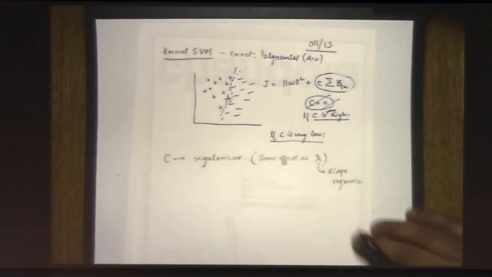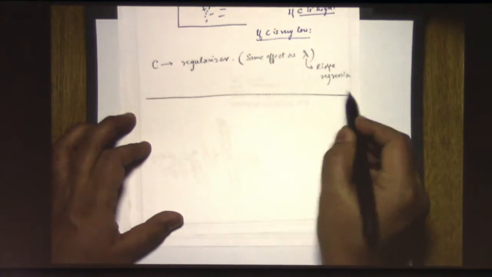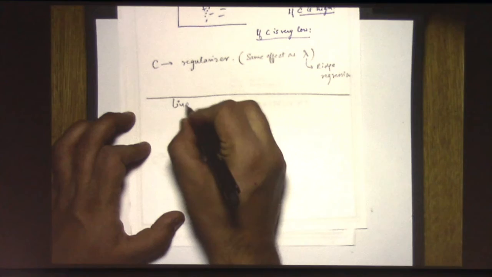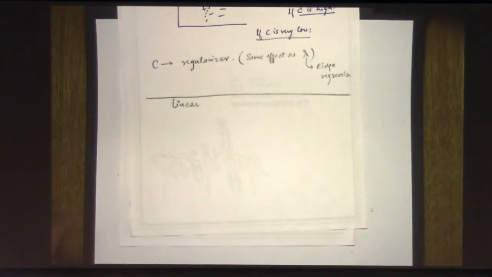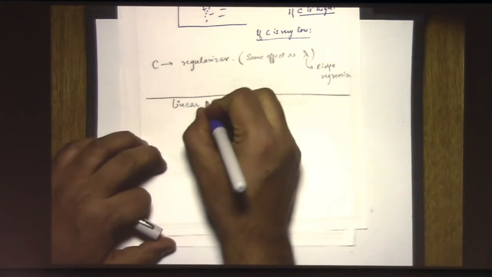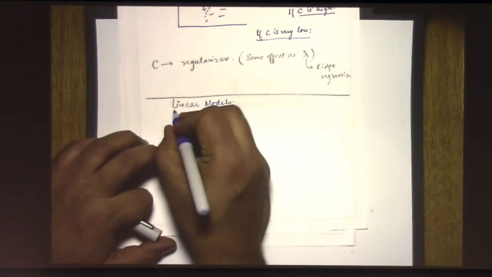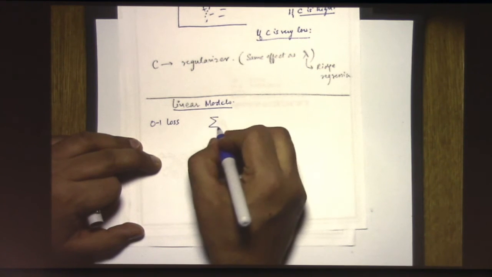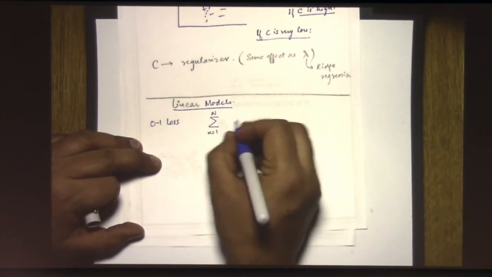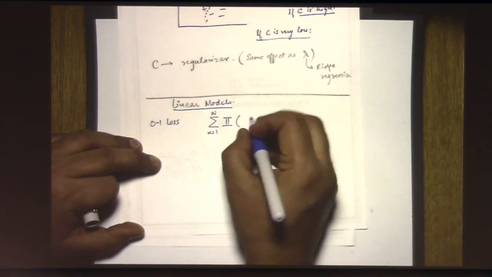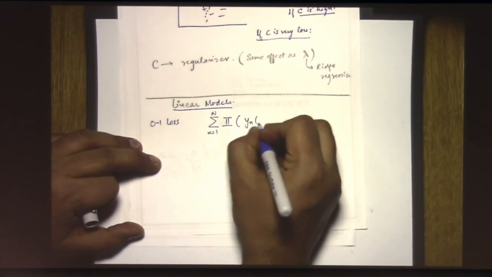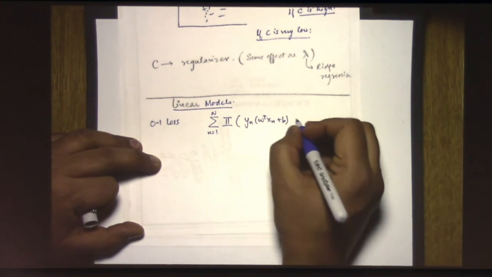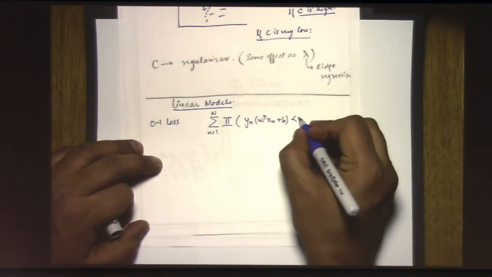Again, let's just focus on the loss. For linear models, the ideal loss that you want to minimize is, over all data points, the indicator of yn times (W transpose xn plus b) being less than 0.